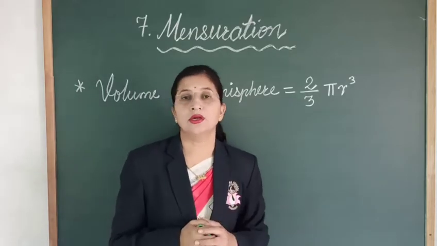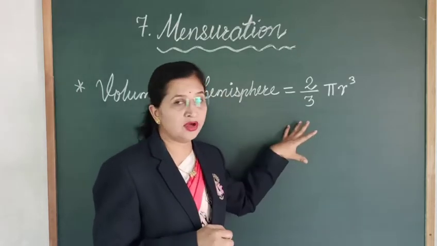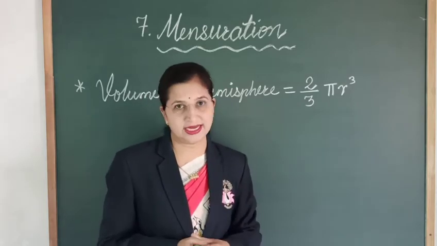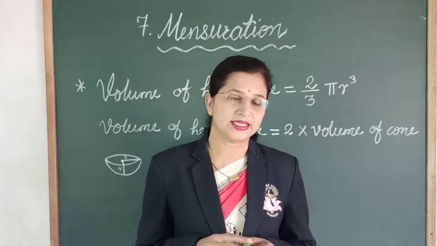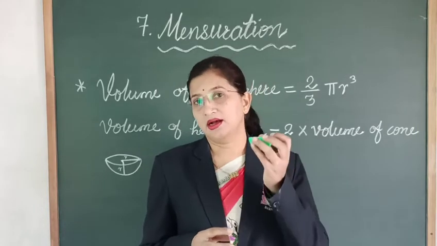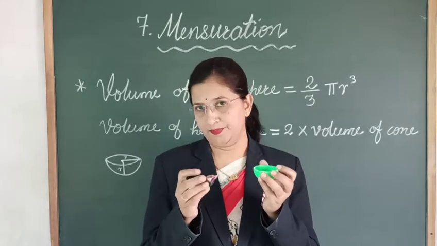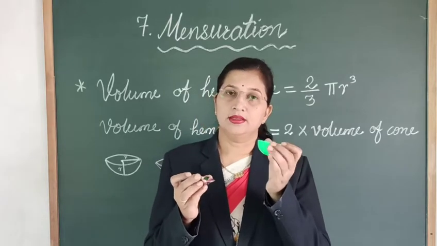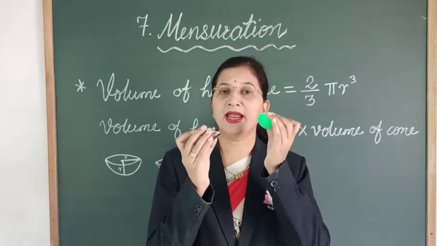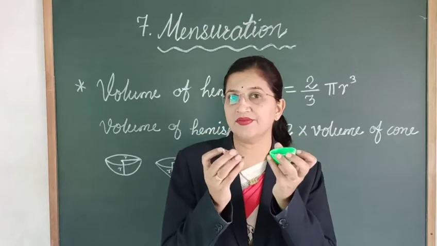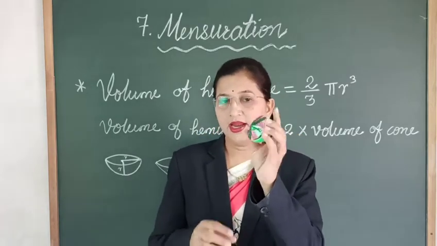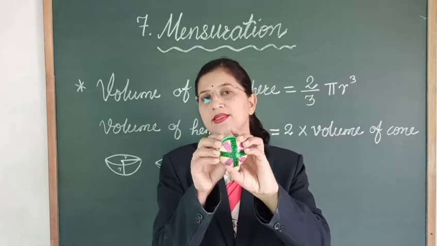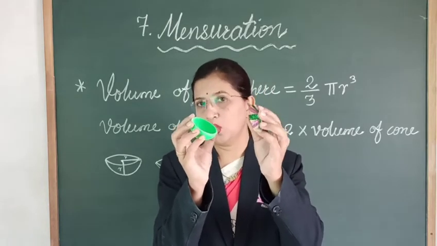So dear students, to understand this formula, let's do this activity. To do this activity, we need a hemisphere and a cone. The cone and hemisphere should be such that their radii are equal. Here you can see this is a hemisphere and this is a cone.